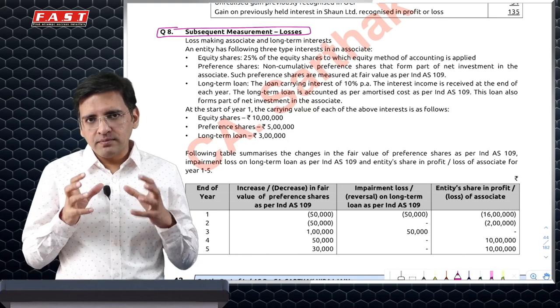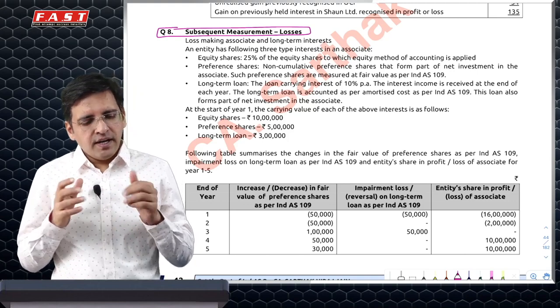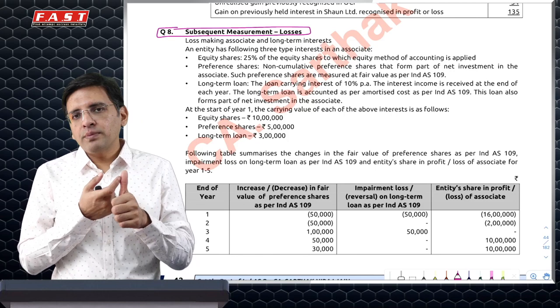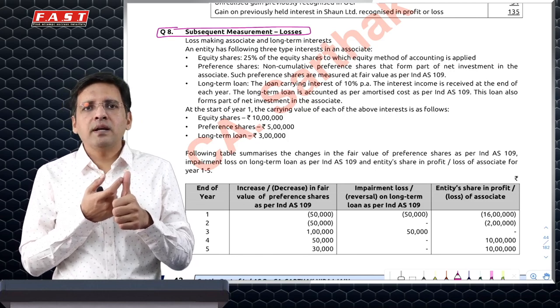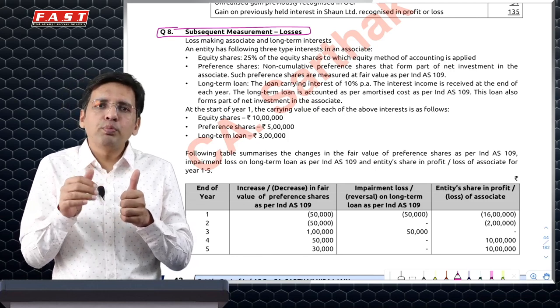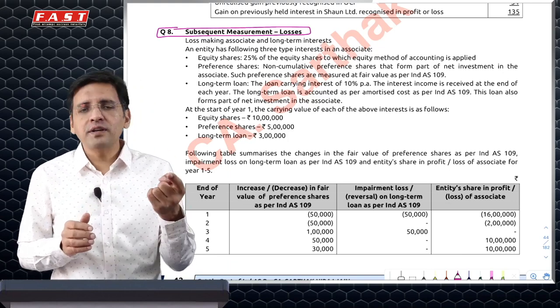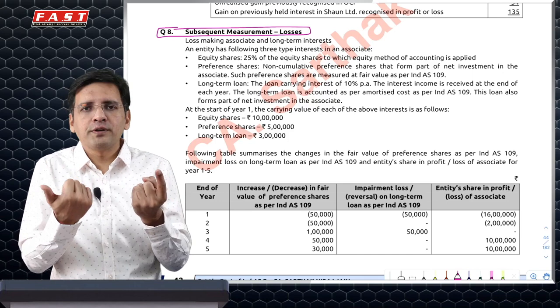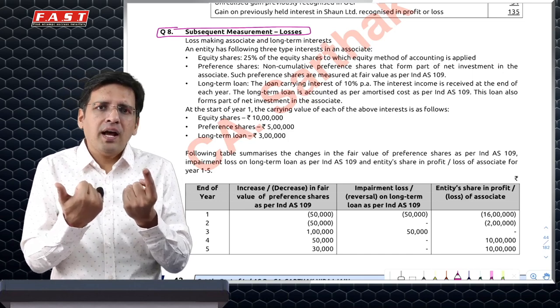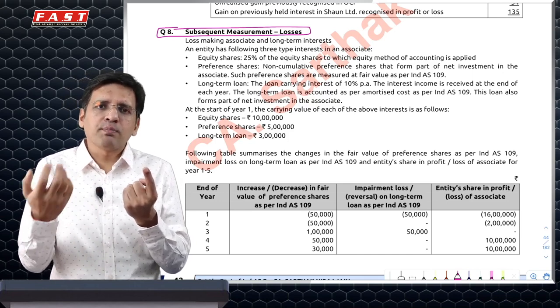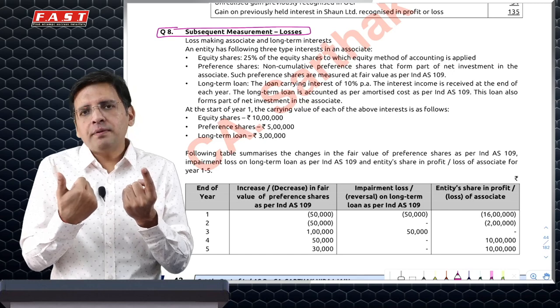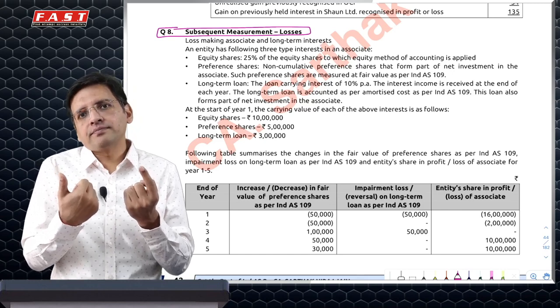Now the problem which comes is, say I have invested 20 rupees for 20% equity shares of Paytm, and I have also given a loan to Paytm. Or in my example, 20% investment was made for 100 rupees. I've also given a loan of 100 rupees to Paytm, right? And this is not at market rate of interest, as a support I've given. Now Paytm makes a loss of 110.